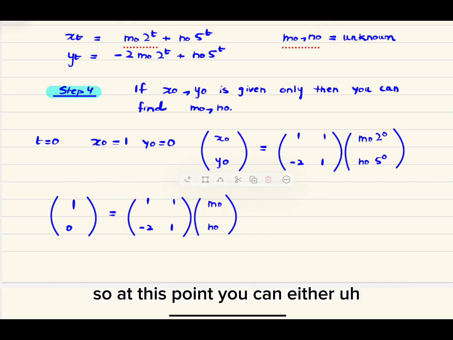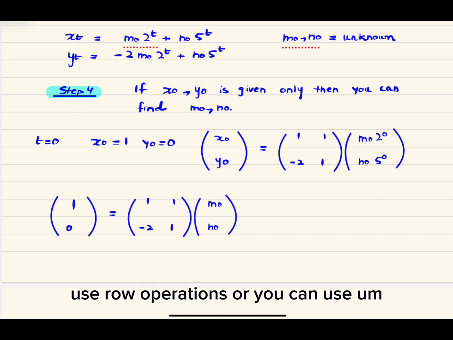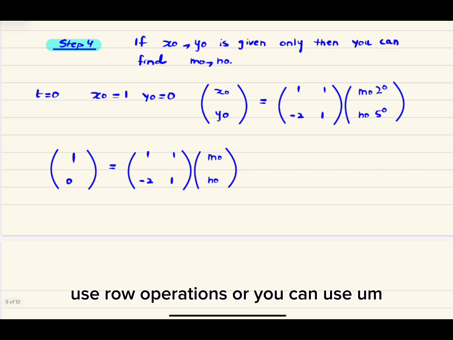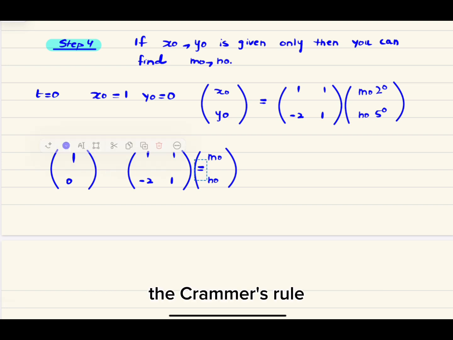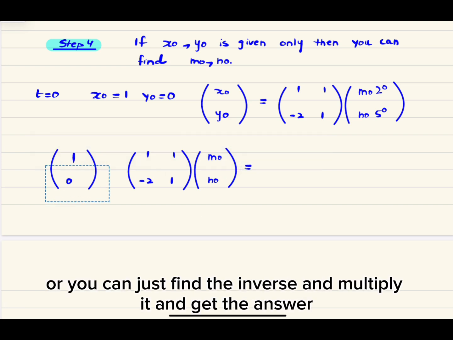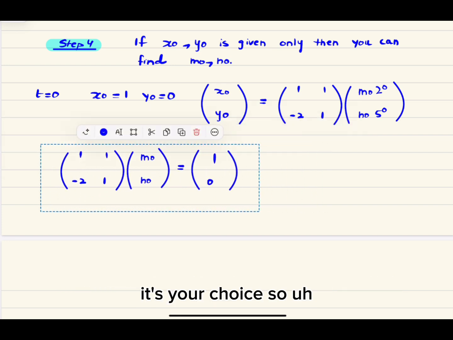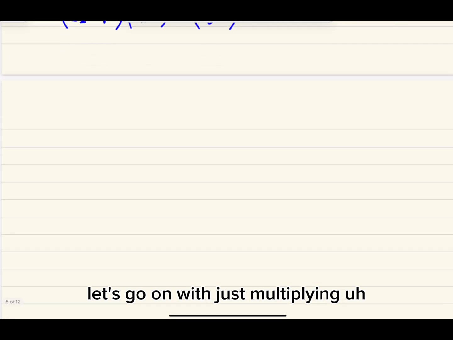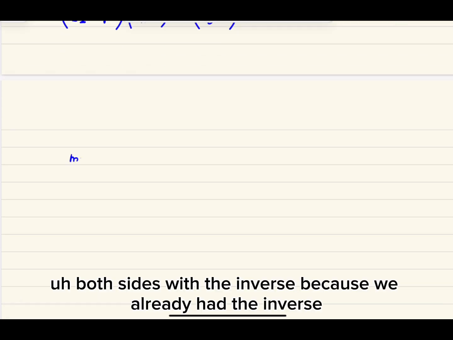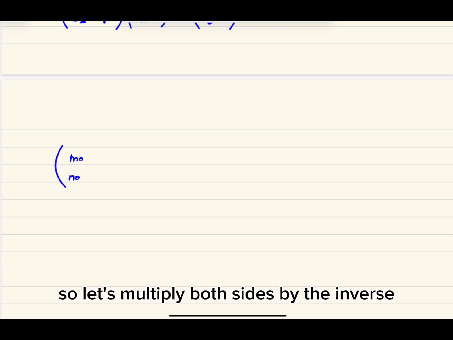So at this point, you can either use row operations, or you can use Cramer's rule, or you can just find the inverse and multiply it and get the answer. It's your choice. So let's go on with just multiplying both sides with the inverse, because we already had the inverse.